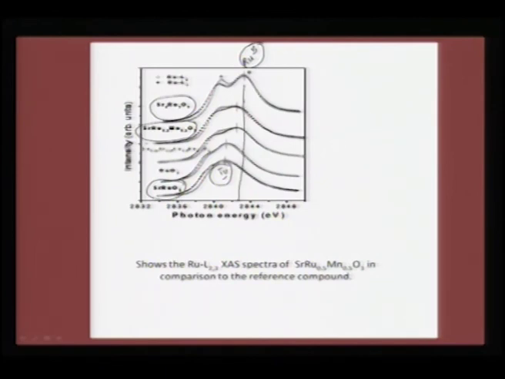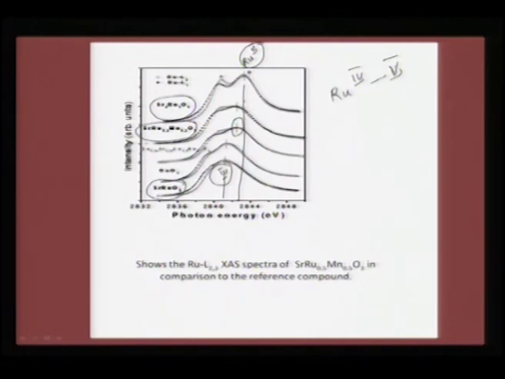So we can say clearly that the position of the 50-50 composition suggests that ruthenium is in both 4 plus and 5 plus states. So because of that, we seem to be seeing an unusual ferromagnetic interaction.